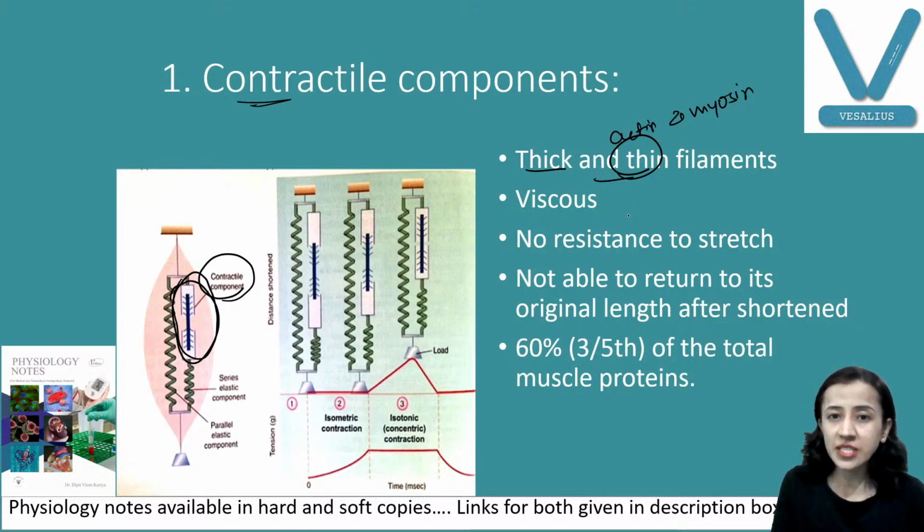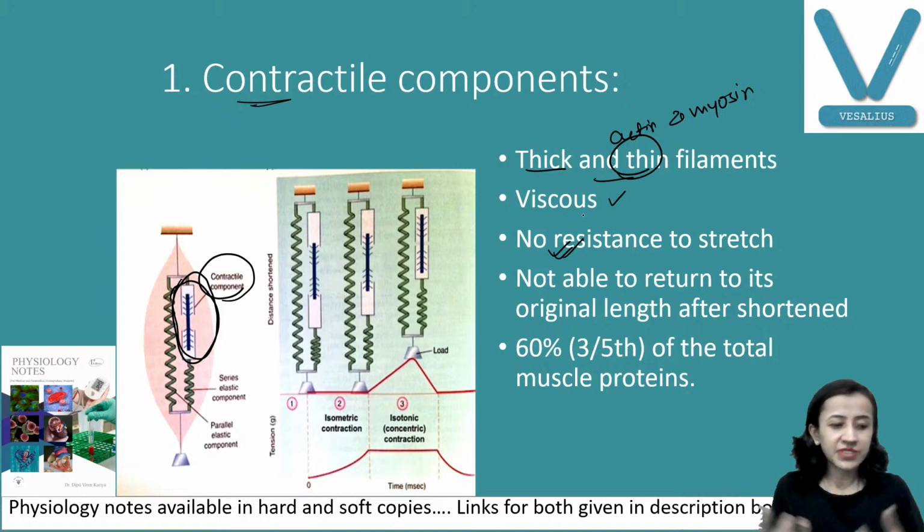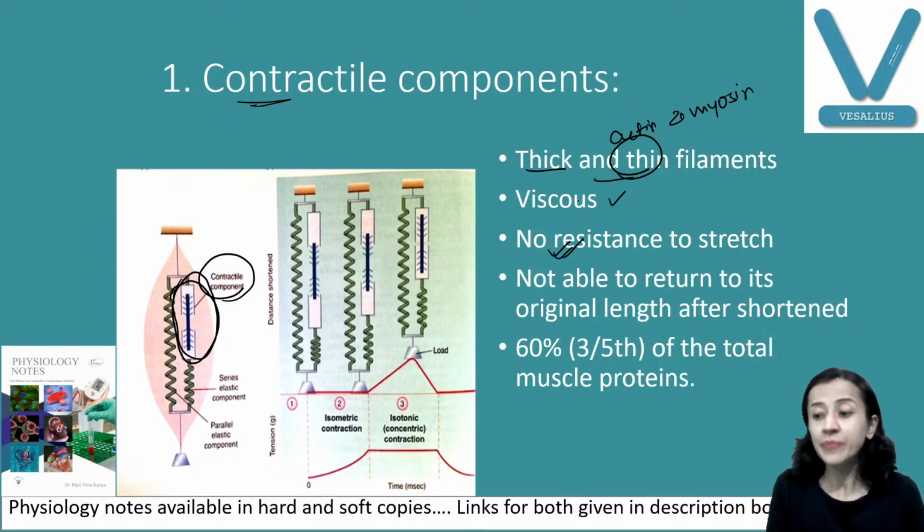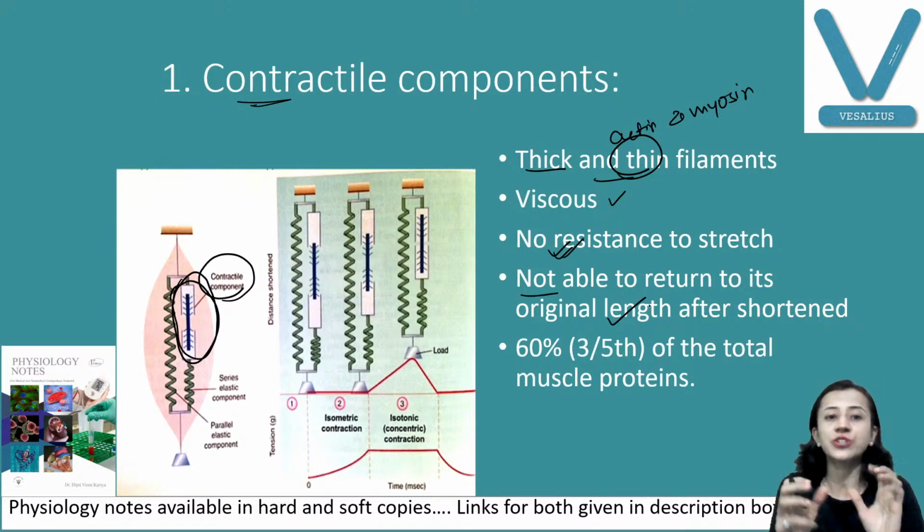Now these components are considered to be viscous in nature, and they offer no resistance to stretch. Whenever the muscle stretches, no resistance is applied by this component. Another important thing is that these components are not able to return to their original length after they get shortened.